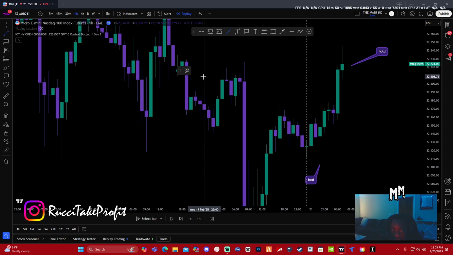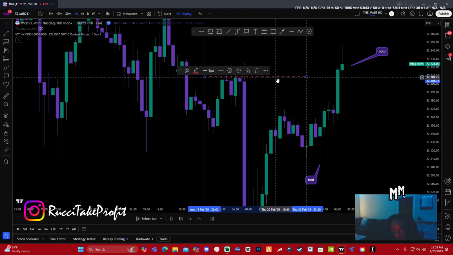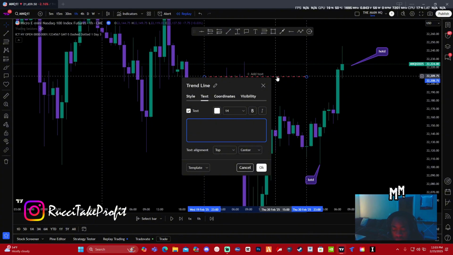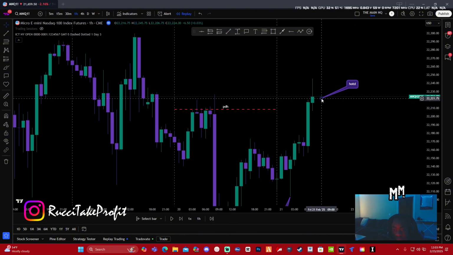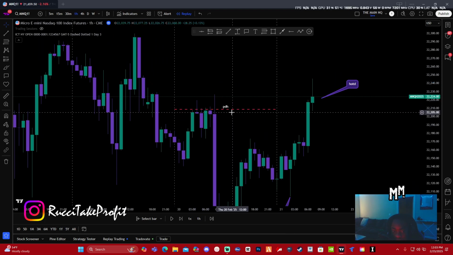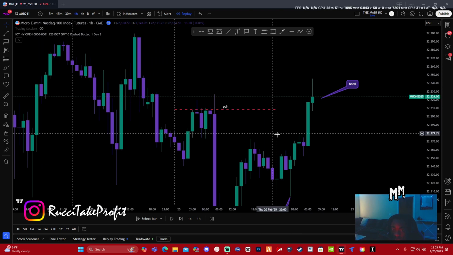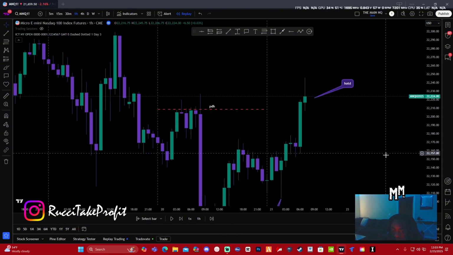So I wouldn't have that white line there. I would just have this there, and that would be named previous day high. So even with price being at the high of the day and running the previous day high, that's two confluences right there for me to even be bearish.